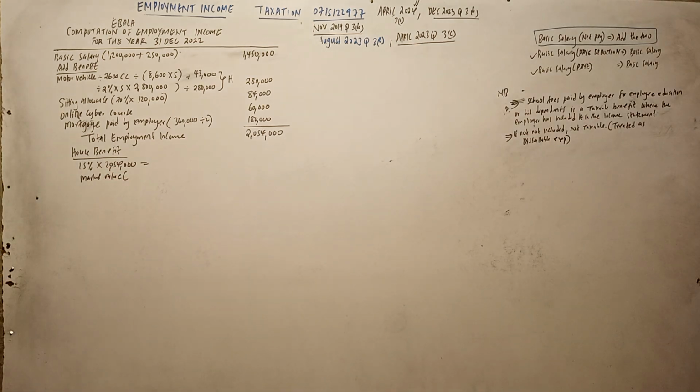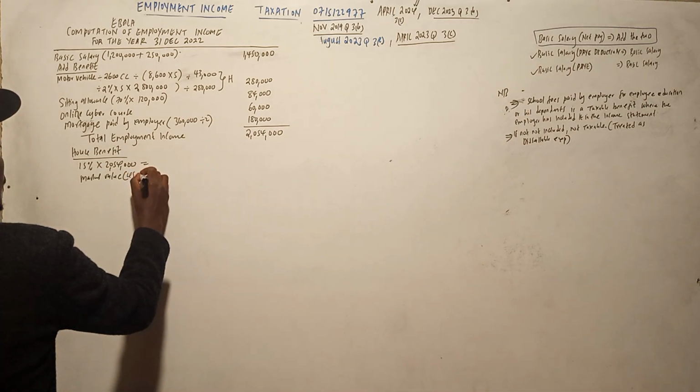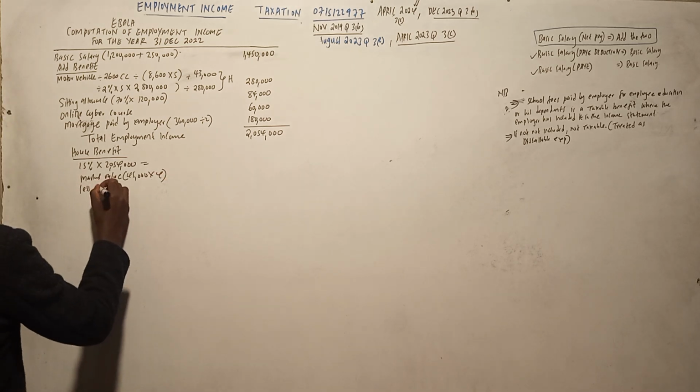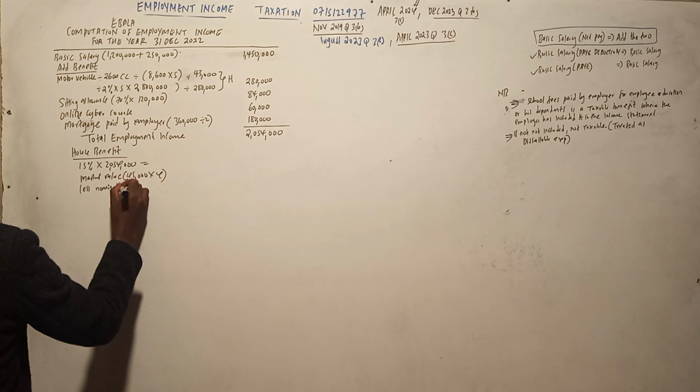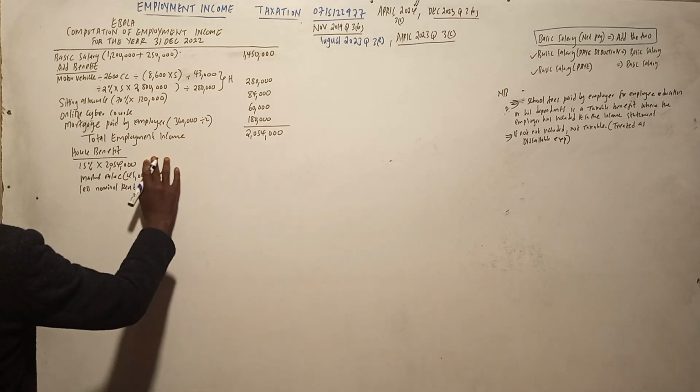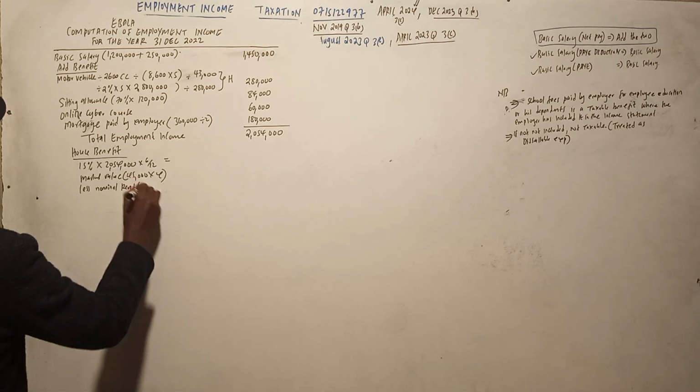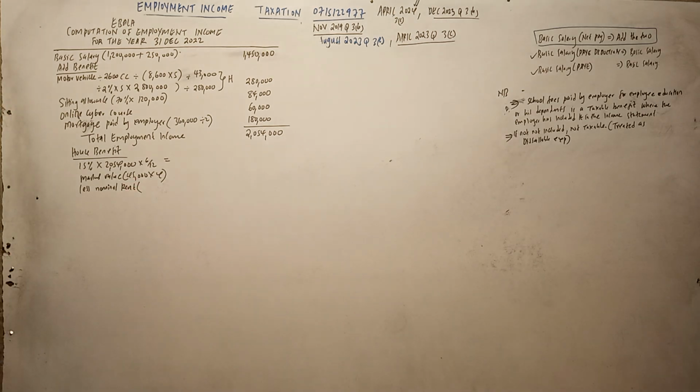Market value information number 4 ni 45,000 times 4. Then we less nominal rent. Remember it's for 6 months times 6/12. Haya, nominal rent watuambia ni ngapi?